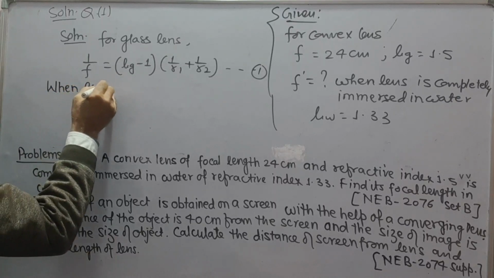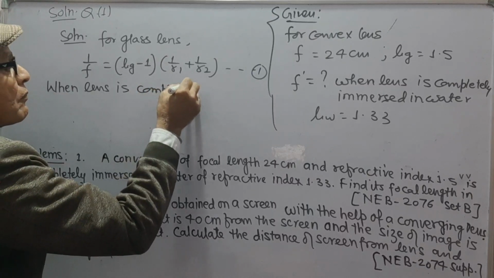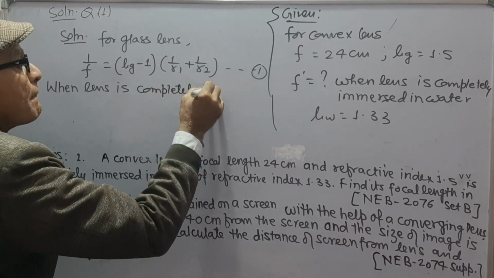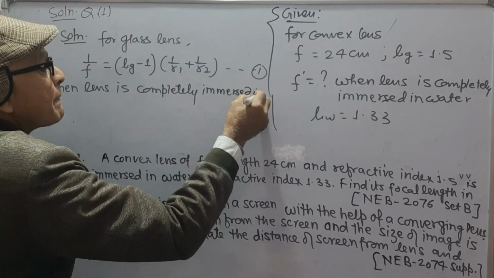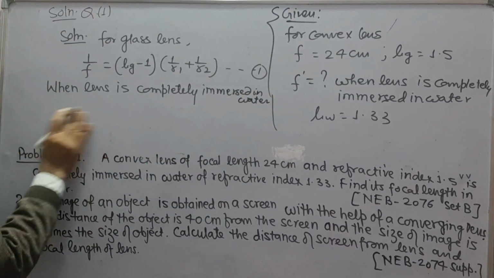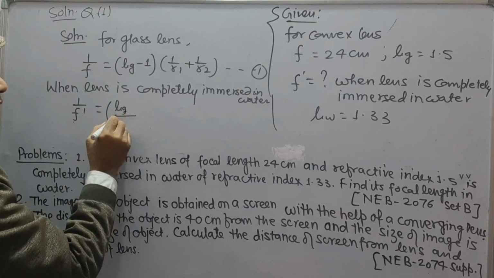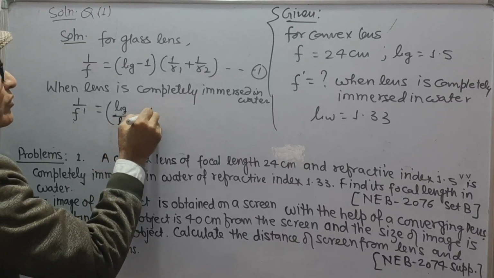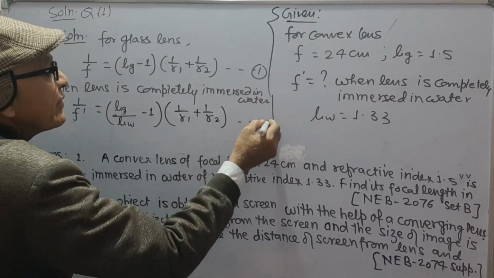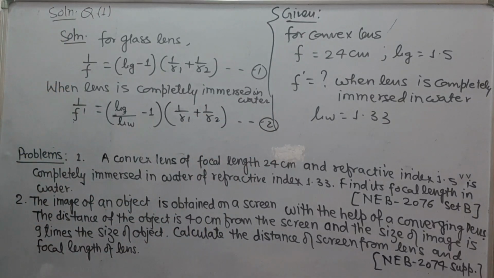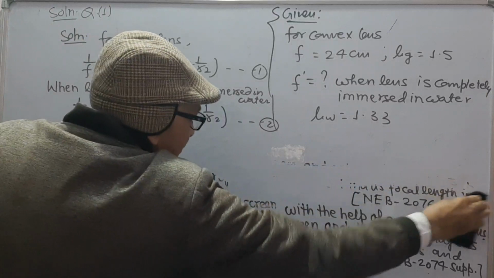When lens is completely immersed in water, then 1 upon f dash will be equal to (mu glass upon mu water minus 1) into (1 upon r1 plus 1 upon r2). This is equation 2, because r1 and r2 remain same in both cases.